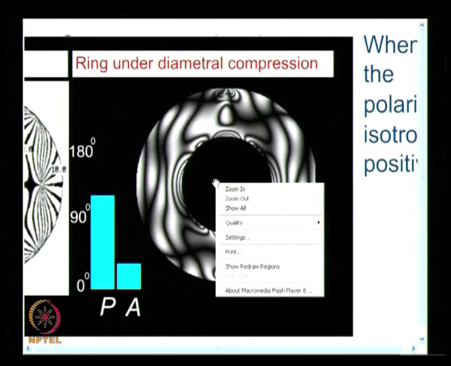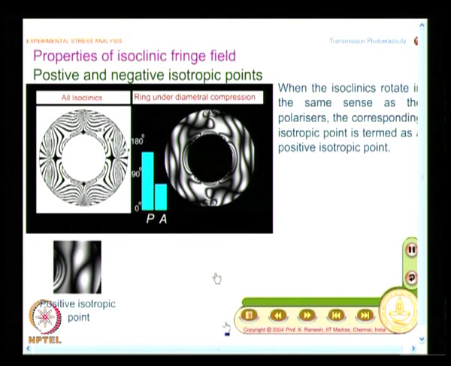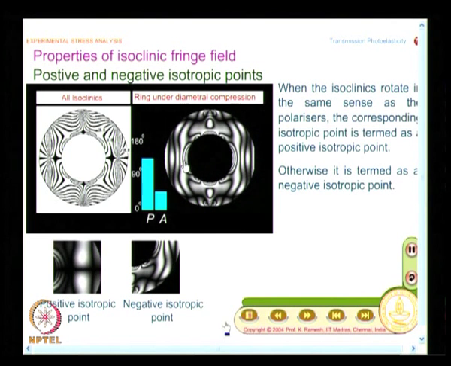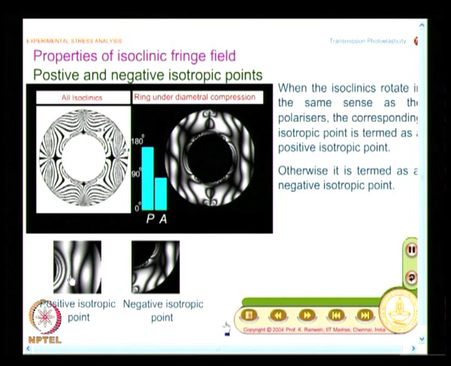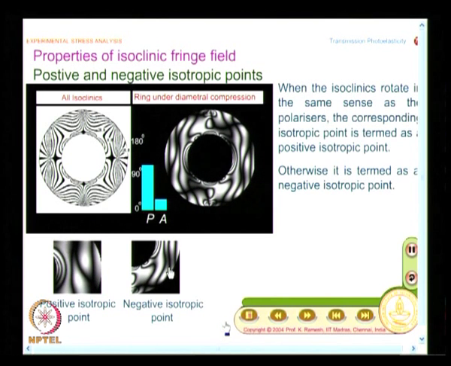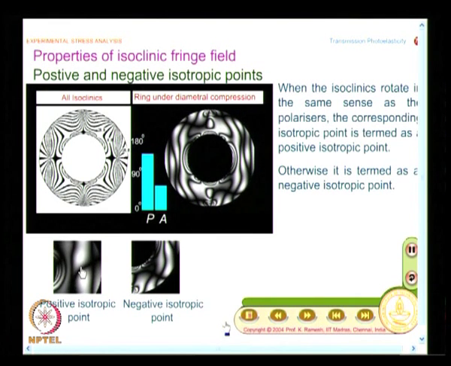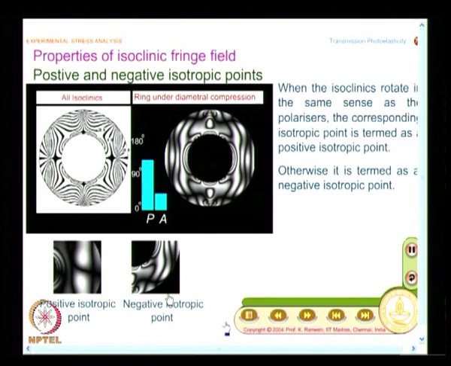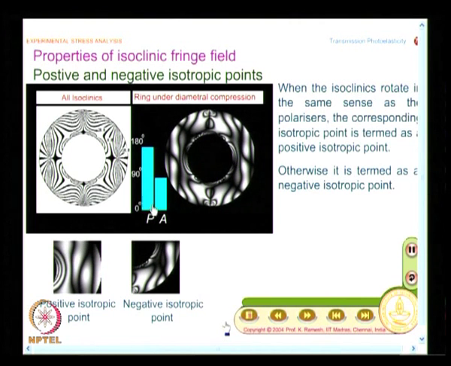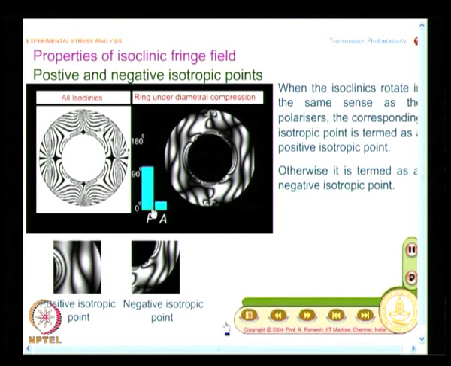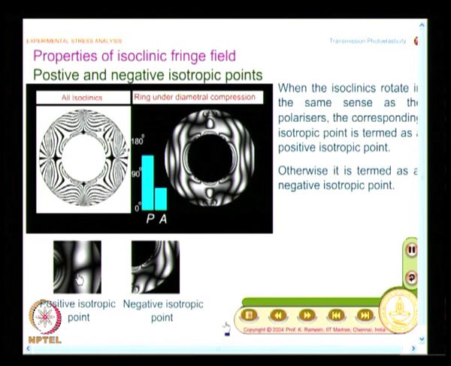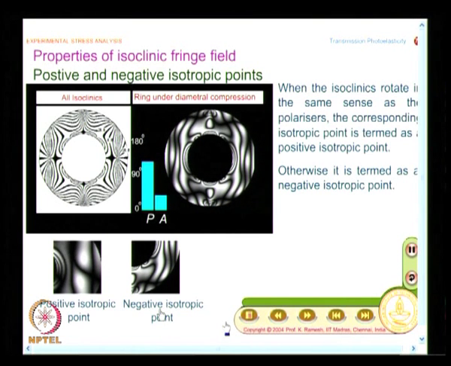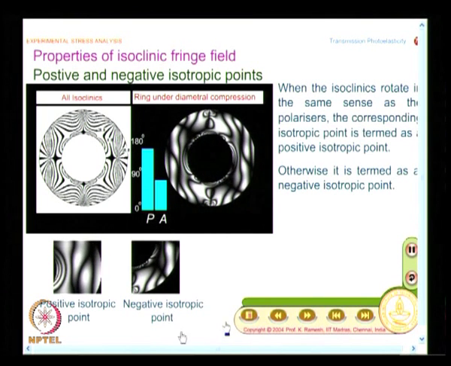It is better to know some of these aspects. So, I will always have these isotropic points in combination. We have seen what is the positive isotropic point, we also see what is the negative isotropic point. This is rotating anti-clockwise and this is rotating clockwise, and I rotate the polarizer analyzer combination in an anti-clockwise fashion. So, when that sense and this sense match, I call that a positive isotropic point, I call the other one a negative isotropic point.